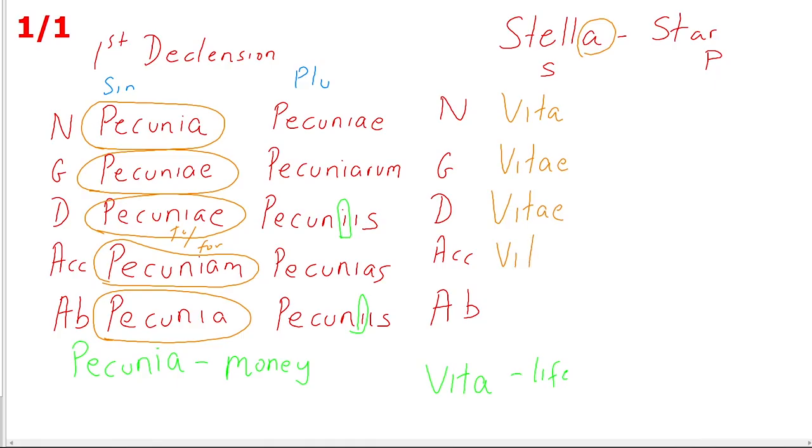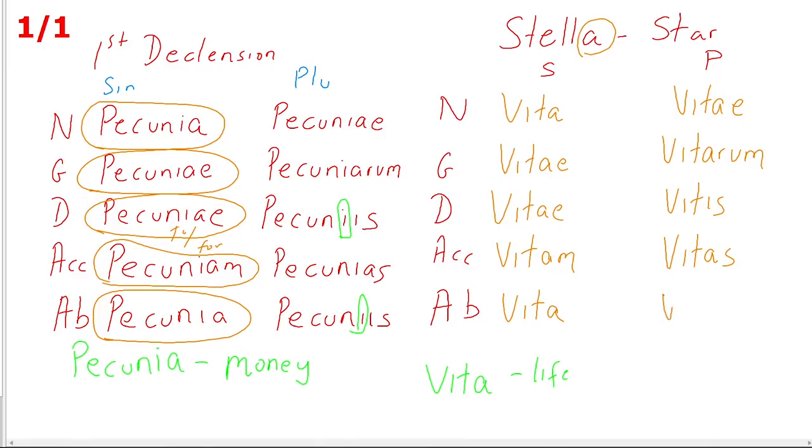Accusative would be vitam, and ablative vita. Going to the plural, nominative vitae, genitive vitarum, dative vitis, accusative vitas, and ablative would be vitis.